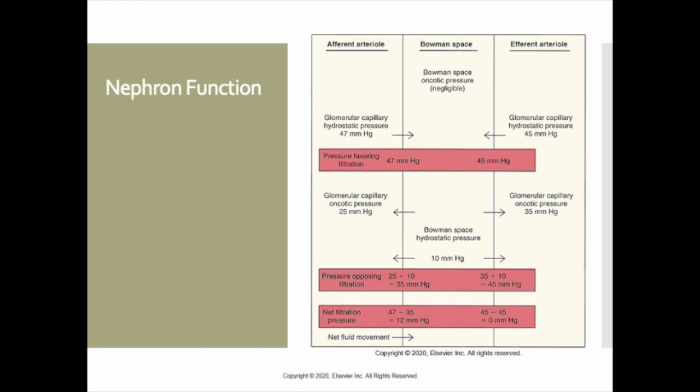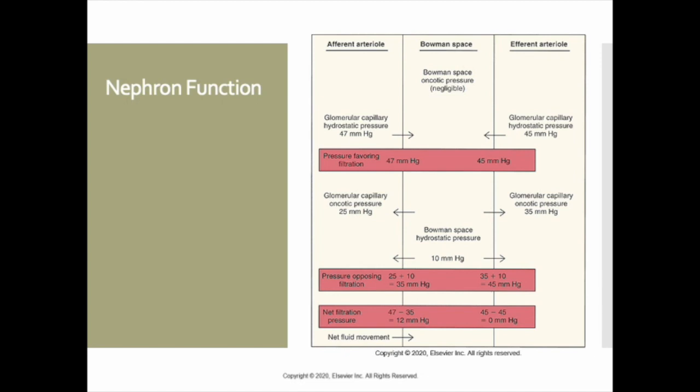Whenever we have low levels of plasma protein, this can result in a decrease in our oncotic pressure. Well, it is inversely related to our GFR. So if there's a decrease in oncotic pressure, there's going to be an increase in glomerular filtration rate. Whenever there's a situation where perhaps you might have a patient and they are excessively losing protein-free fluid, well, what type of patient would that be?